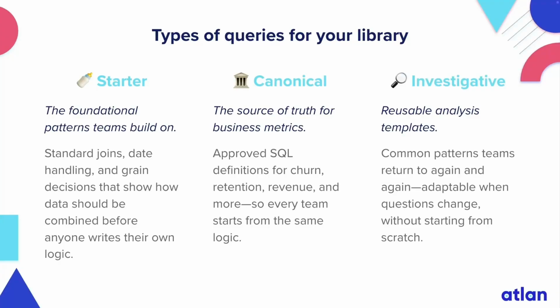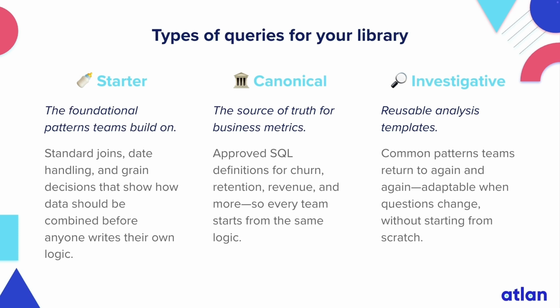These prevent teams from reinventing logic with slightly dangerous differences. Third, investigative templates, cohort analyses, anomaly detection, funnel steps, deduping patterns, and backfill logic. The stuff people redo constantly, even when the business question changes.